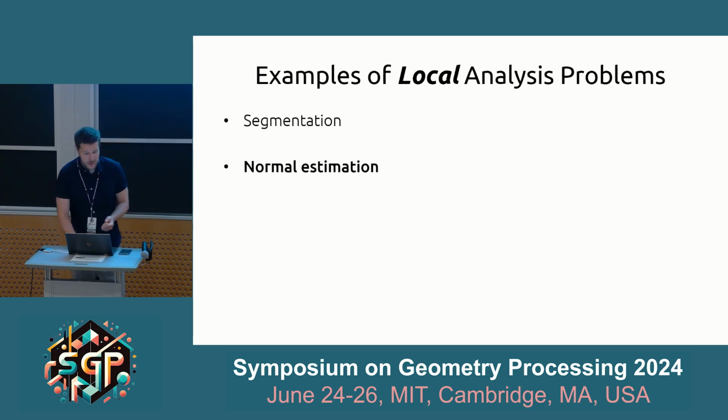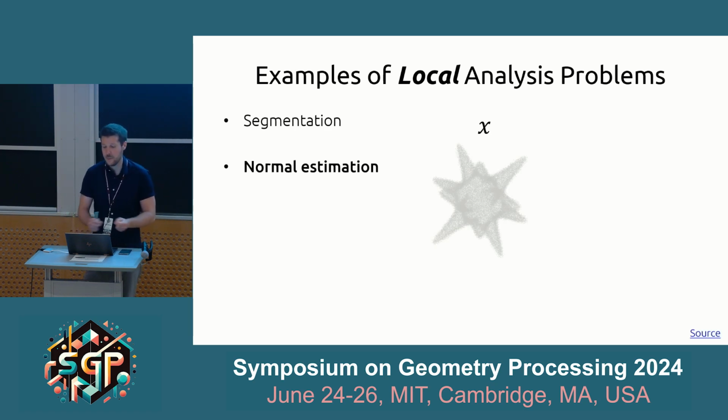Another one that can be quite useful is normal estimation. Suppose I have a big old cloud of points that maybe I got from some sort of 3D scanner, and I know that this represents some continuous 3D surface in the world, but I don't actually have that in the data. I just have a bunch of disconnected points. So I don't actually know the normal directions, basically the outward-facing direction from the underlying surface.